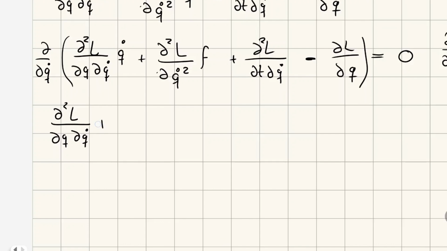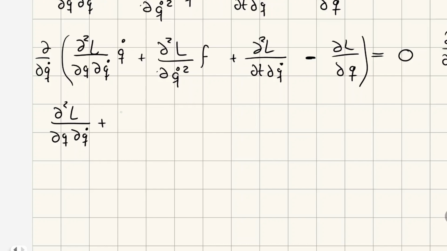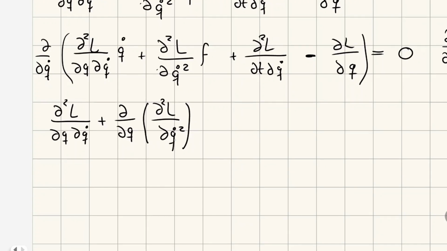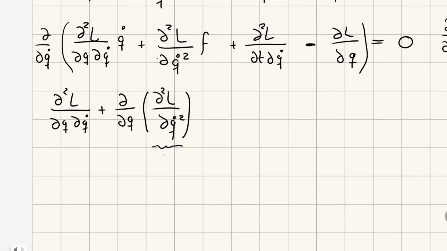Then plus, we will see this as the derivative with respect to q of the second partial of L with respect to q dot, because we are taking the derivative here and switching the derivatives. Look here that we will have a third derivative, first with respect to q dot, then with respect to q, and then with respect to q dot, but we are changing the order of the derivatives to take the partial derivative with respect to q last. So if we do that, we take two partial derivatives with respect to q dot first, and then the partial derivative with respect to q. And this multiplies q dot.